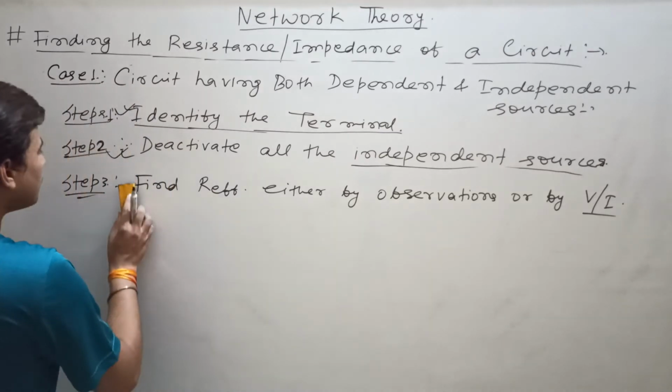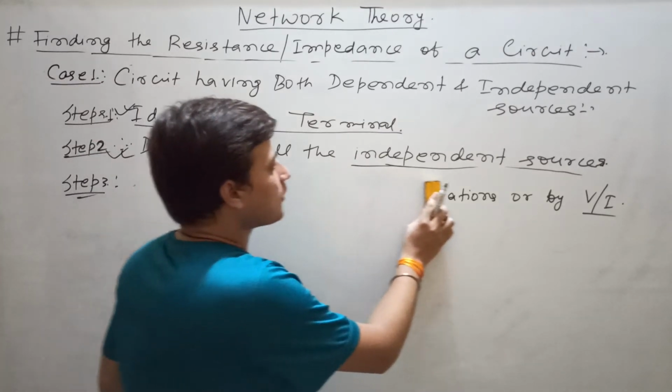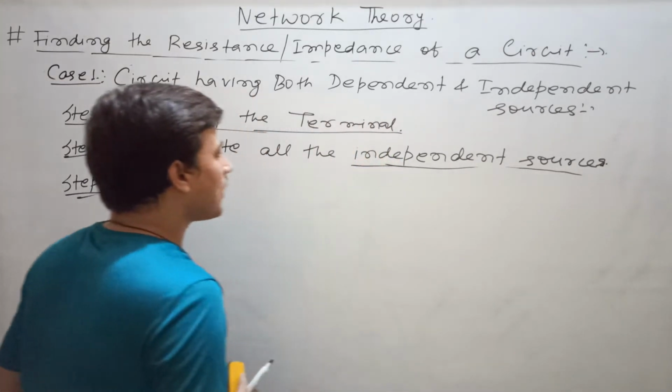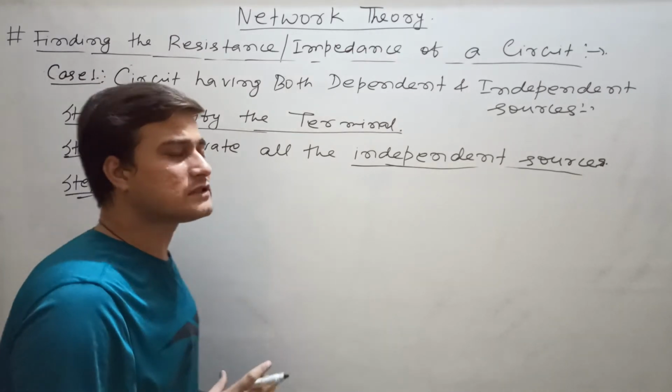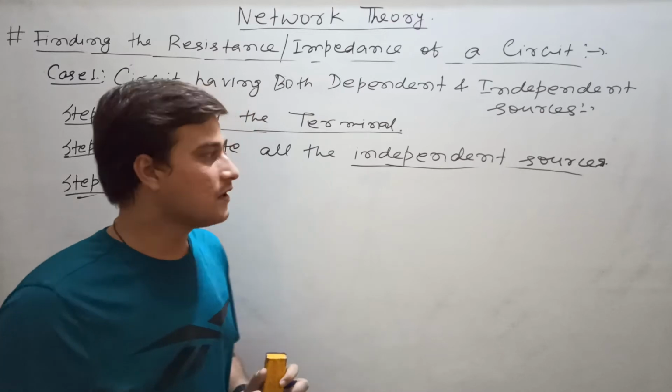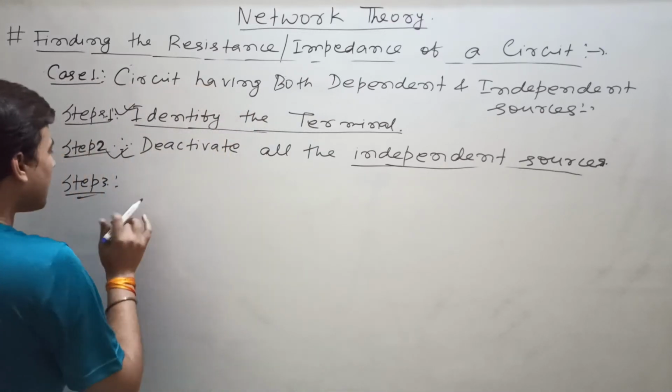Third step, now what you have to do? Now you'll have the circuit having dependent source and resistors left in the circuit. Now what you'll have to do?